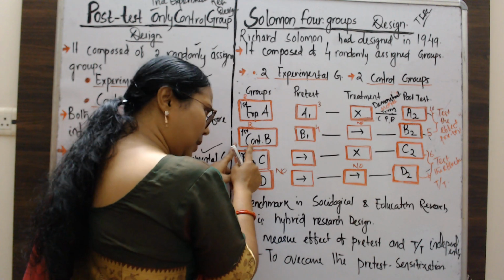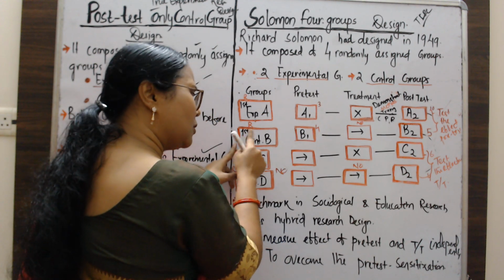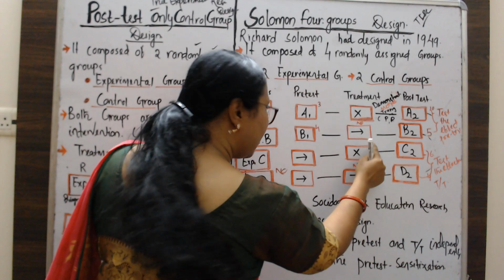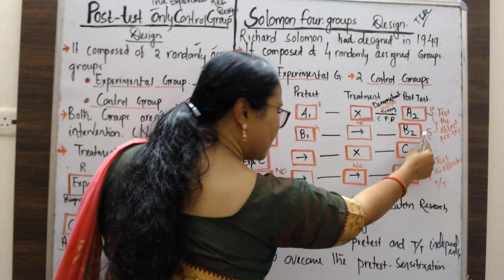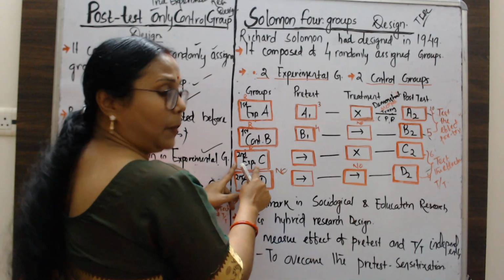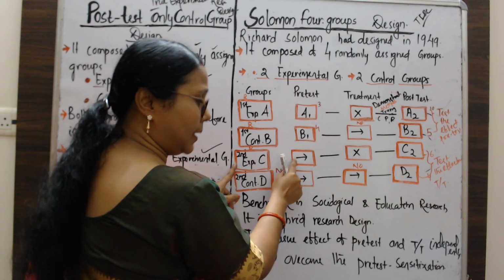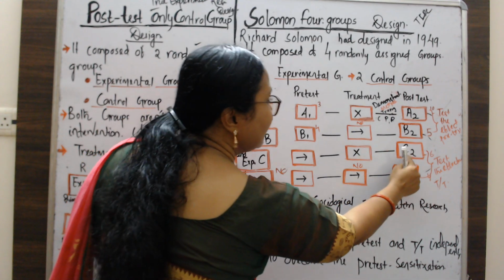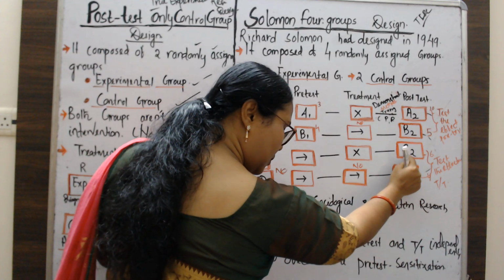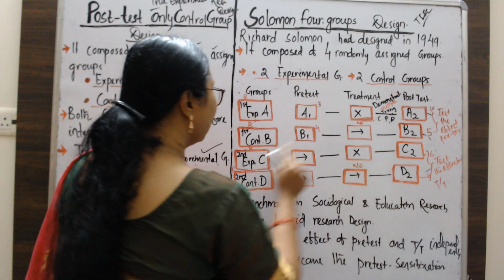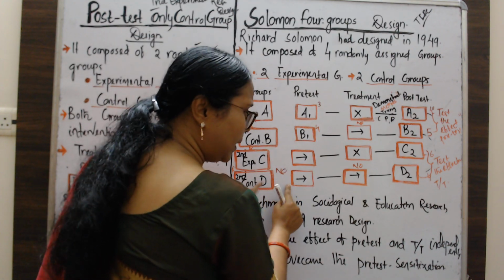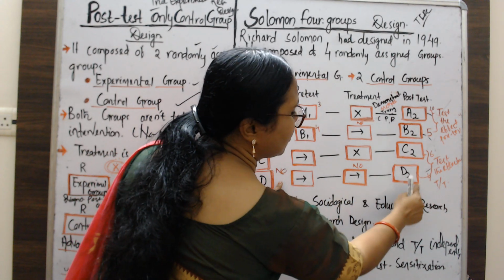In the first control group, B, a pre-test is given, there is no treatment and no intervention, and then the post-test result is seen. In the second experimental group, C, there is no pre-test. The intervention is given, X is mentioned, and then the post-test observation is taken. In the second control group, D, there is no pre-test and no intervention, and the post-test is carried out.